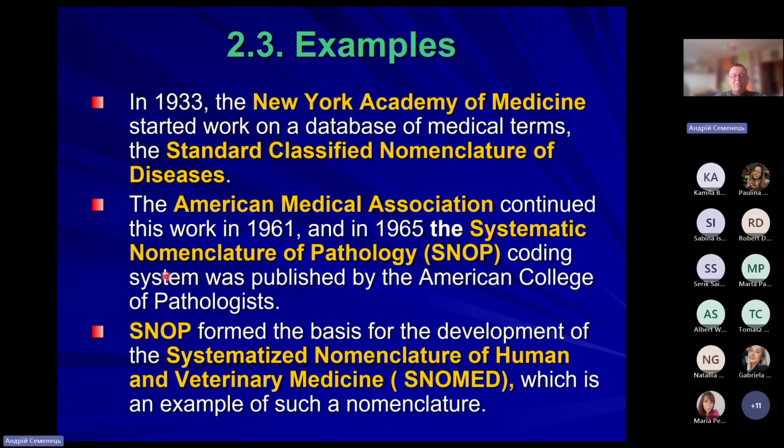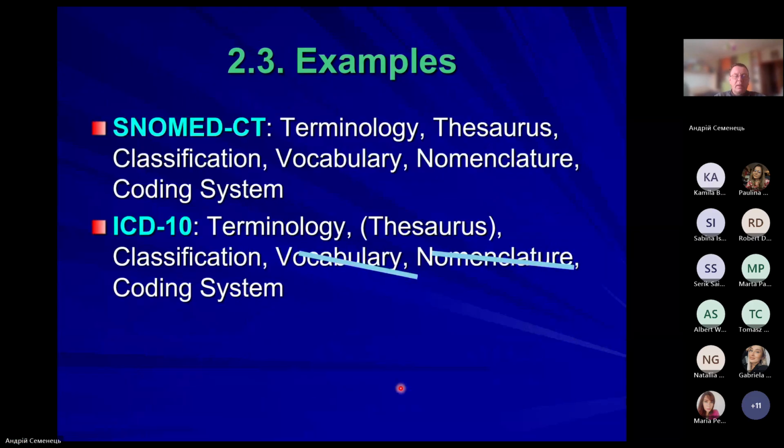Later, it evolved and turned into the so-called Systematized Nomenclature of Pathology, which in turn was used as a basis for the development of the Systematized Nomenclature of Human and Veterinary Medicine, or SNOMED, which is an example of a nomenclature in the healthcare area, still active today, and still the primary source of all necessary terminology here.